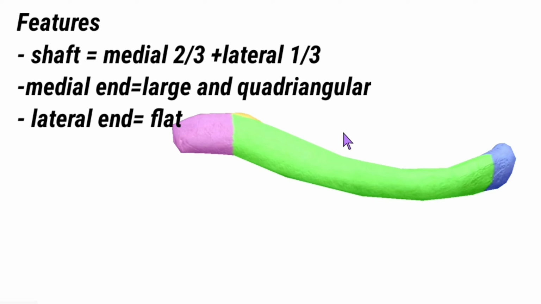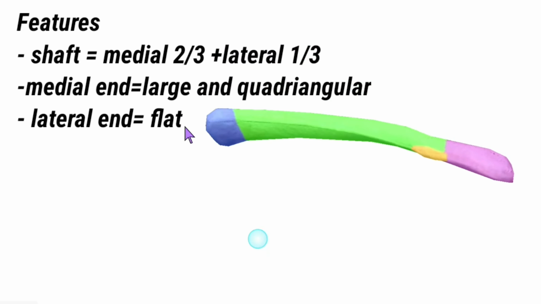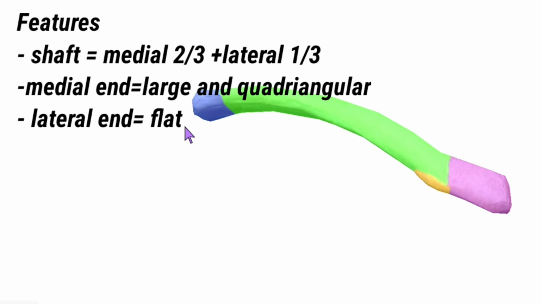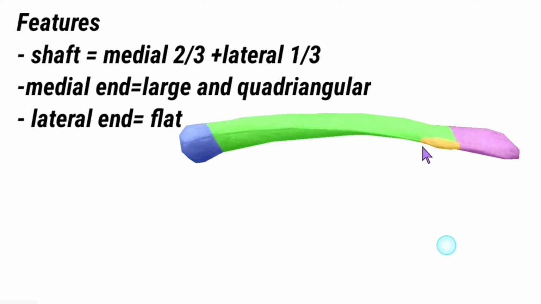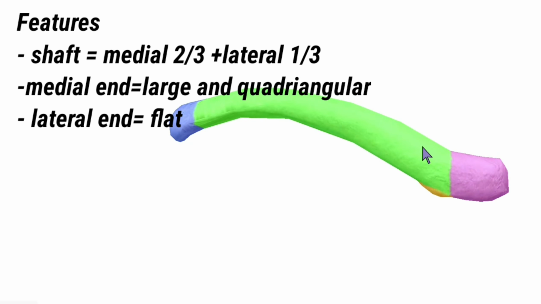Features of clavicle. It has a cylindrical shaft and two ends, medial and lateral end. This is the right clavicle. About the shaft: the shaft is divided into two parts, lateral 1/3 and medial 2/3. The lateral 1/3 is flattened above downwards. It has two borders, anterior border and posterior border.